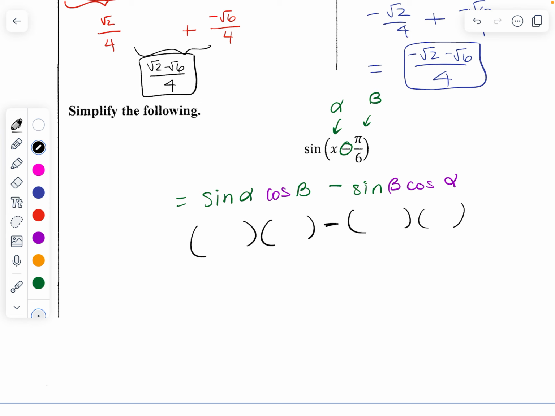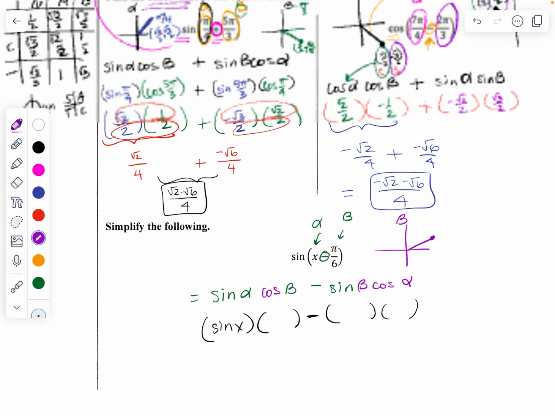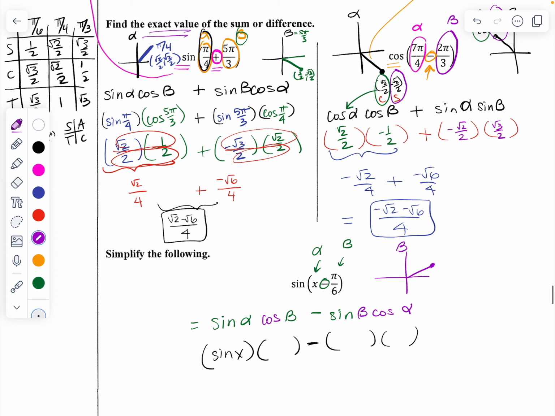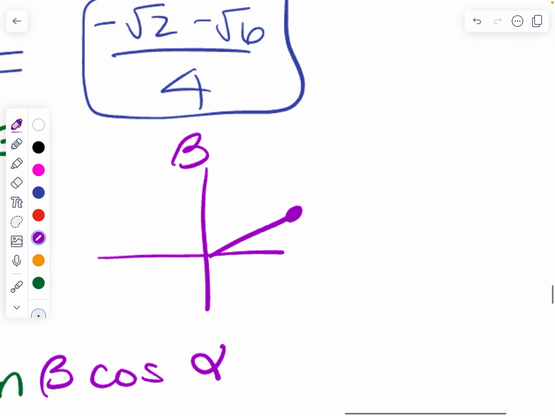So we're going to simplify what we have here. And remember, sine alpha is just x, so that's sine of x. Cosine beta, now beta is a specific angle. Beta is pi over 6, that's right here. And in our chart, we know anything pi over 6 is root 3 over 2 comma 1 half.